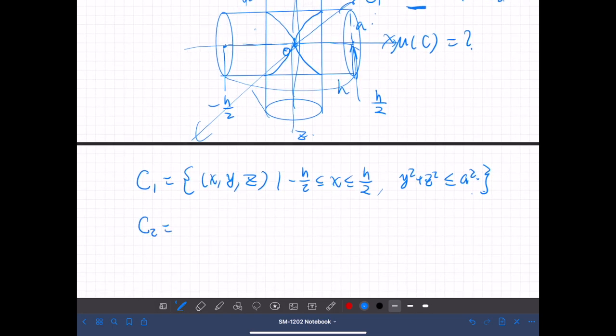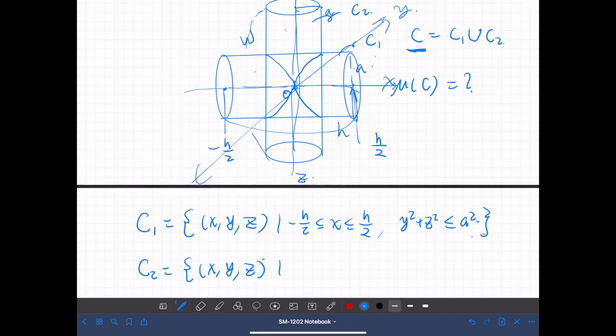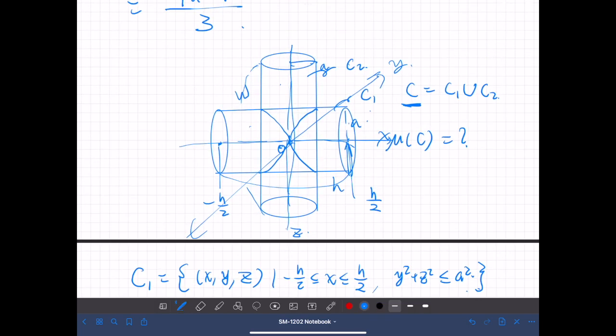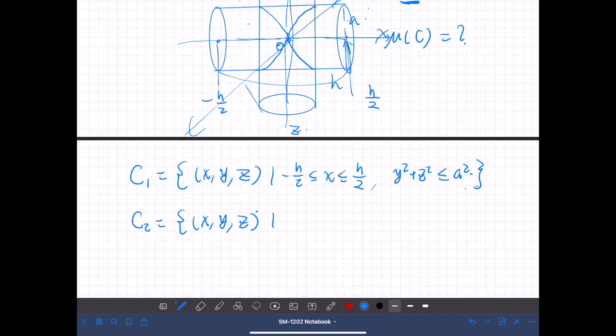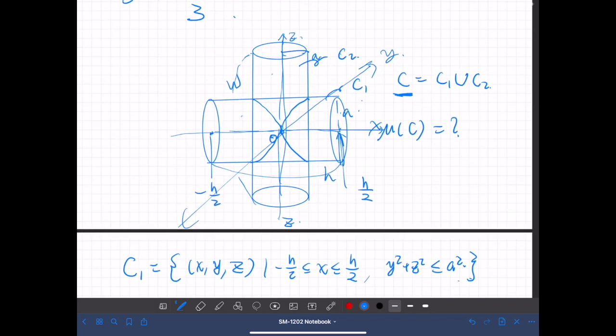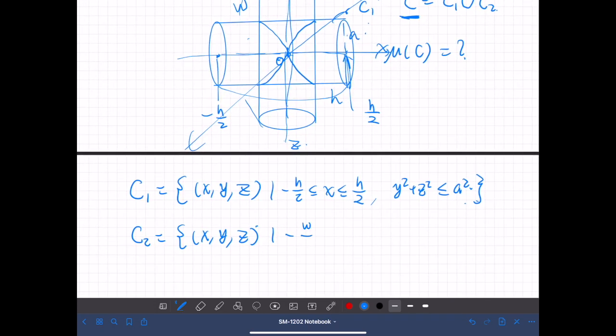And C2, similarly, we can define as parallel to the z-axis. Negative w half is the lower bound of the z coordinate, and on the xy plane we have a circle, so x squared plus y squared is less than or equal to a squared.